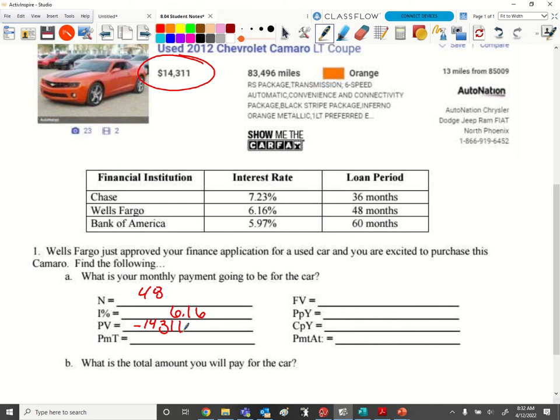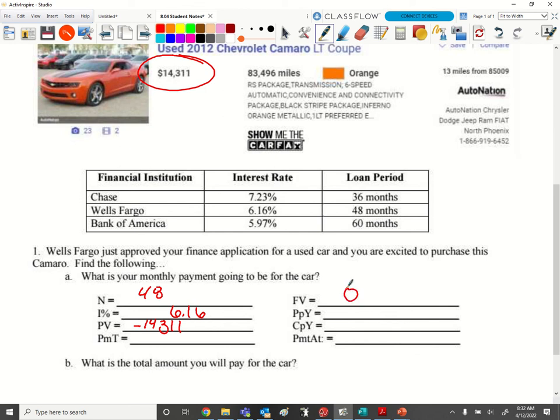FV. What does the FV stand for? What the account ended. Okay, so think about it. What do I want that to be? 0. Because in the end, I want my loan to be 0. I want to pay it off. So future value is going to be down to 0.